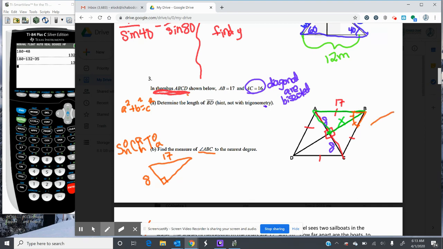So that angle at B, if I sketch it off to the side here, is broken into two pieces. One piece is the angle here. So if we put a Y in there, because I'm guessing you're going to use X for up here, you're going to find angle Y, and then to find ABC, you're going to take 2 times angle Y, because both parts of that angle are equal.